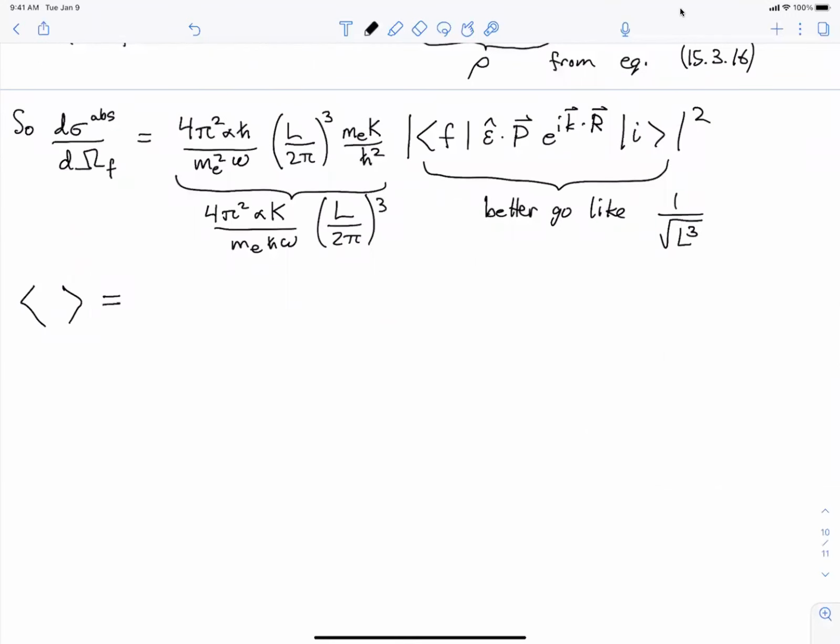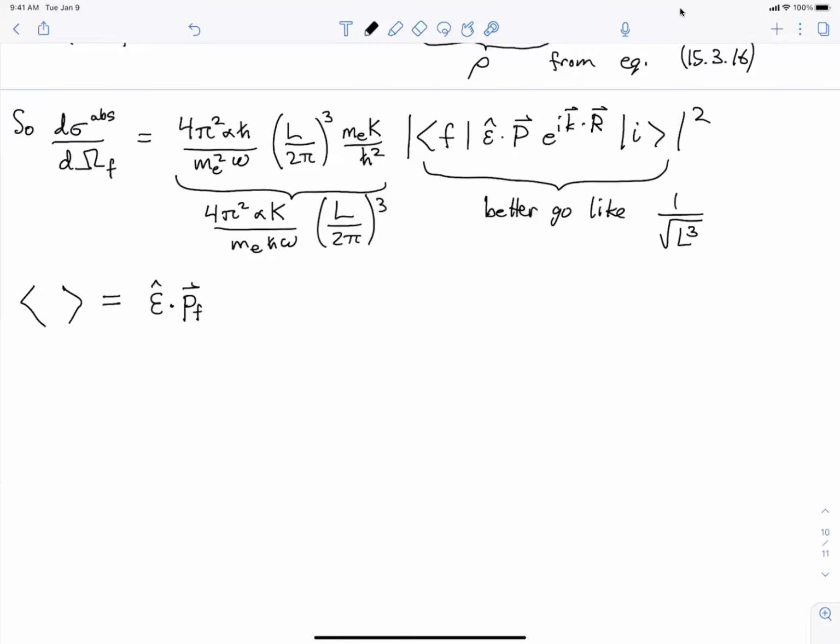Okay, so let's see what we can do first. We can take the fact that the final state is an eigenstate of momentum to just replace this momentum operator by the momentum of the final state. So it's good when things are eigenvalues of things that are next to them. This is the polarization of the wave dotted into now the number, which is the final state electron momentum.